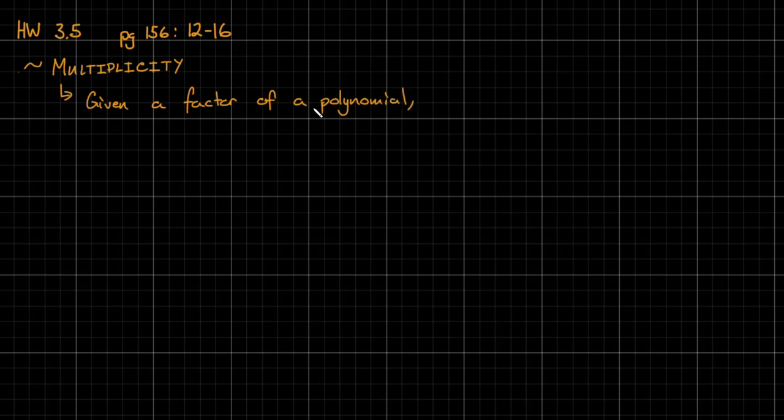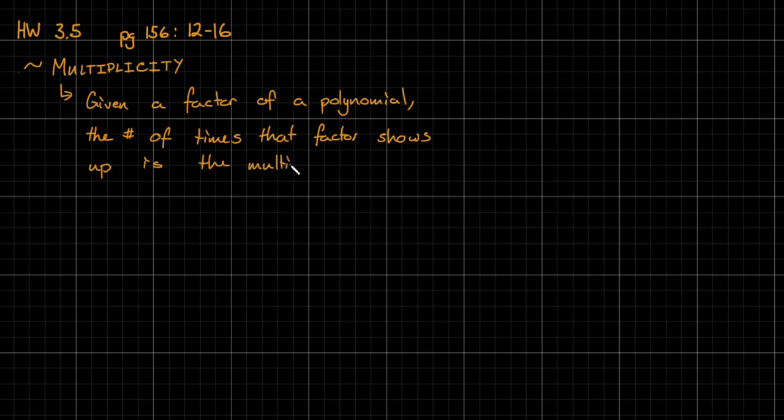If you give me a factor of any polynomial, which is the same thing as giving me a root, a zero, an intercept, it's just a slightly different form. If you give me a factor, then the number of times that factor shows up is the multiplicity.